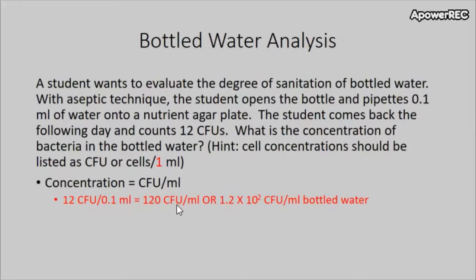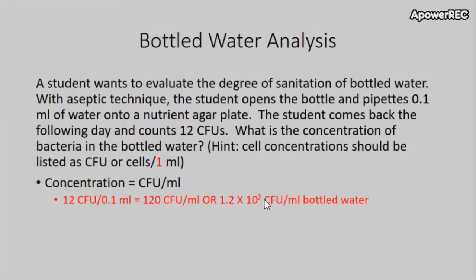I will accept either way you want to write it out, but I highly recommend getting familiar with scientific notation. Scientific notation has one value to the left and the rest of the values to the right of a decimal place, and then it's multiplied by 10 to whatever power to represent how many shifts that decimal place has one way or the other.